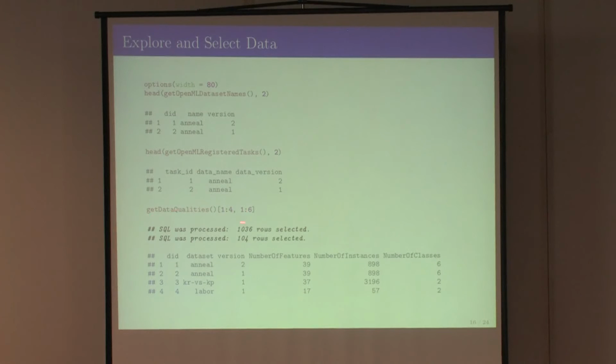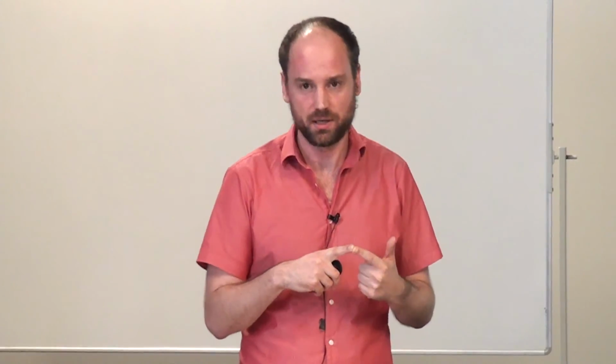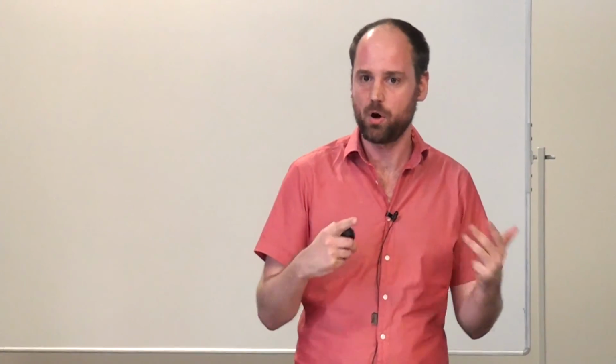And maybe the most useful operation, get data qualities. By calling this function, you will get a table which consists of one line per data set, but which tells you the meta features or the characteristics of this data set. So how large it is, how many features it has, whether there are missing values, the number of classes.